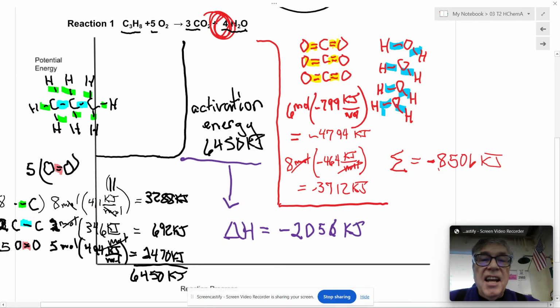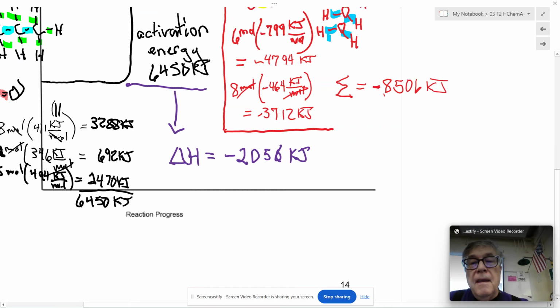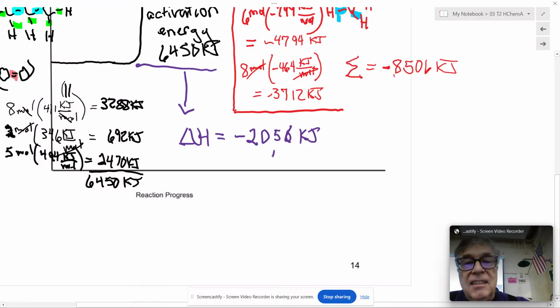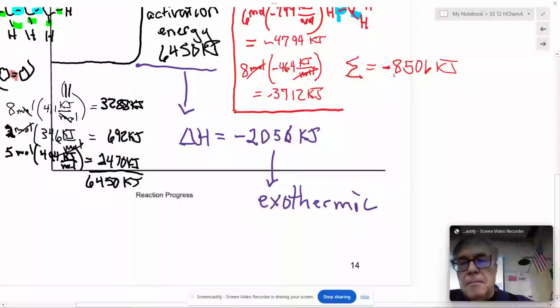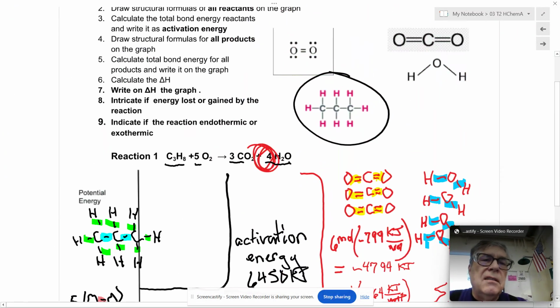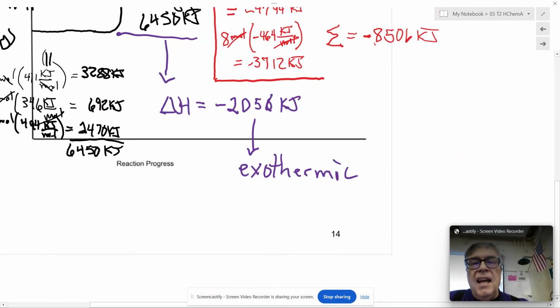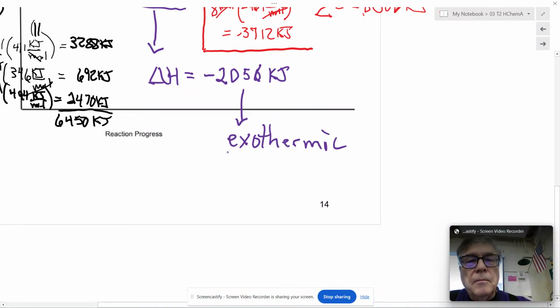That is the change in enthalpy. It's a negative number, so yes, this tells us it is exothermic. And the system, what else are we supposed to answer up here? Is energy lost or gained? Energy lost.